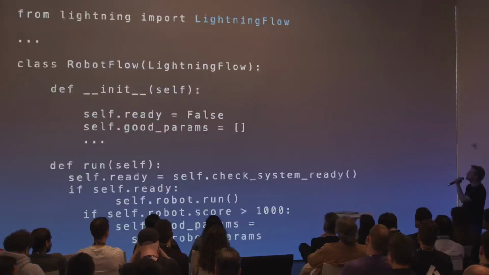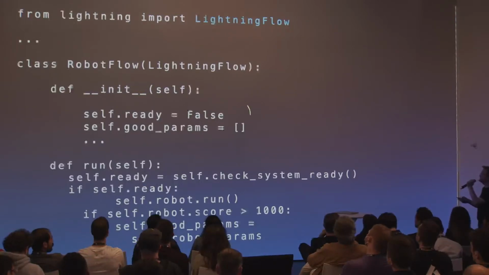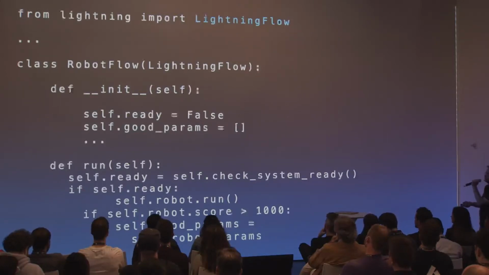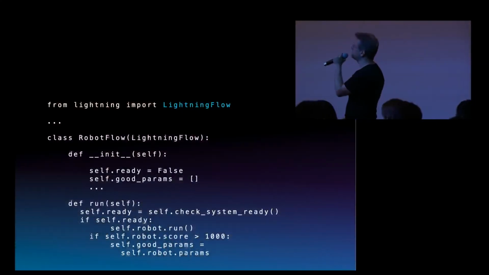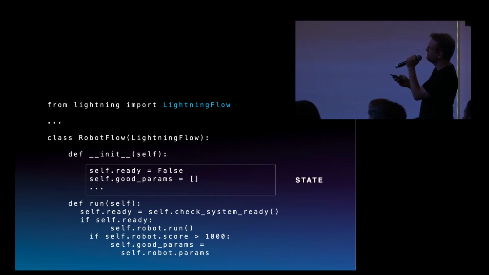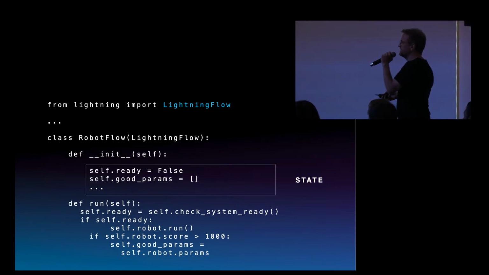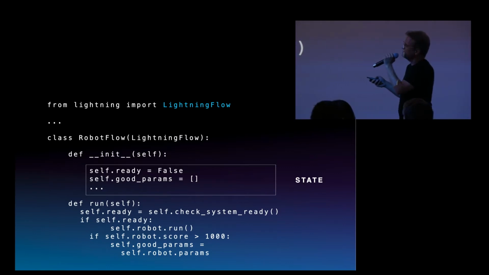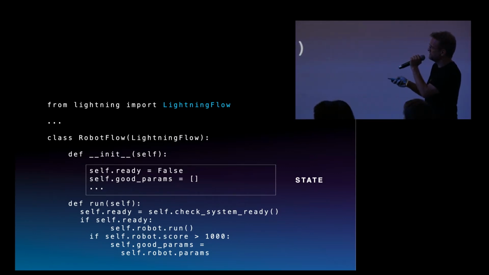All right. Flow. As I said before, and as William has introduced a while ago, it has an init with some attributes, and then a run method, which dictates the logic of my flow, how it orchestrates. This is called the state. Flow is a kind of peculiar construct because you cannot do everything you want with its attributes.